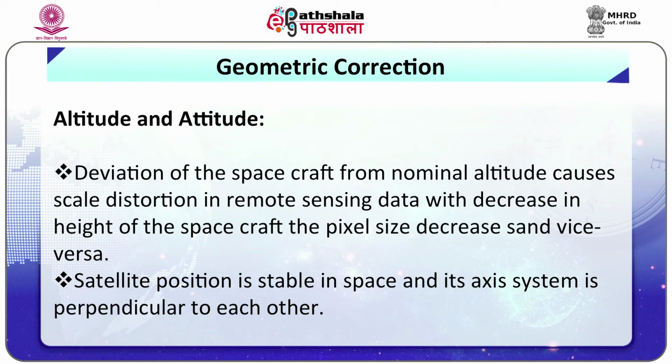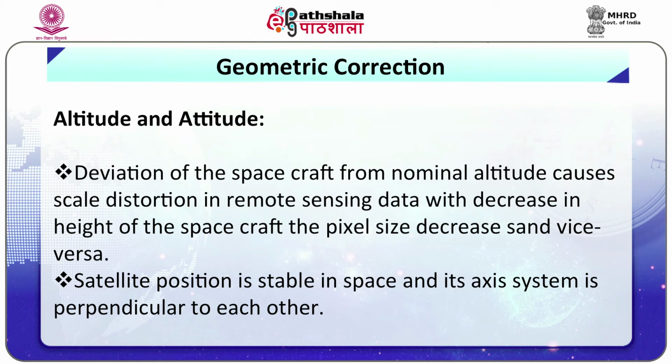With a decrease in height of the spacecraft, the pixel size decreases and vice versa. For the Landsat system, the distortion is primarily along the scan line. For the IRS system, distortion will be in both directions since the scanning mechanism is different from Landsat.